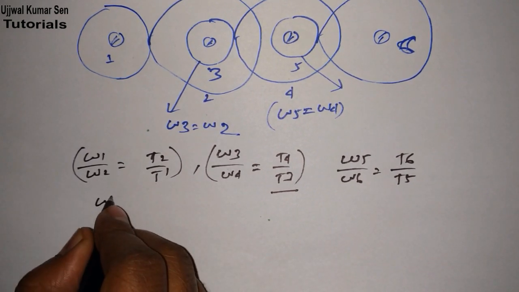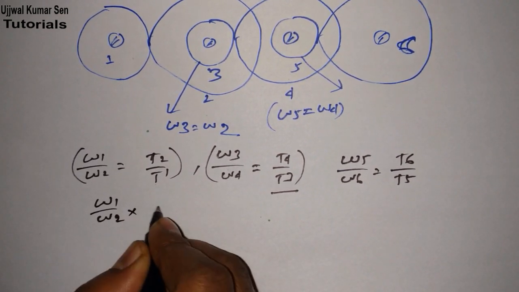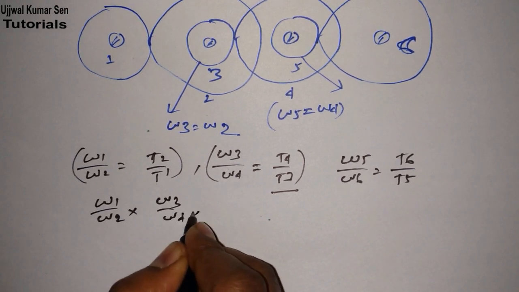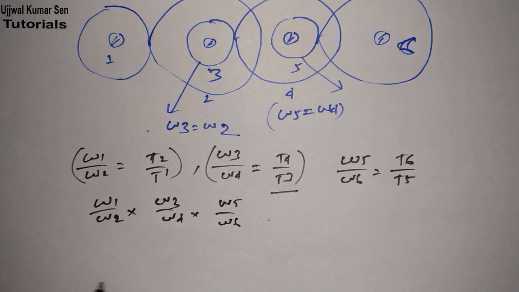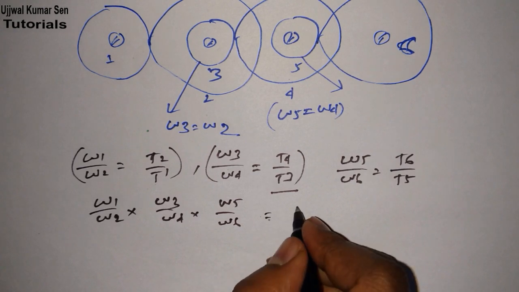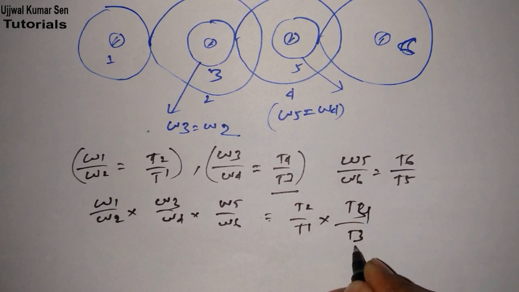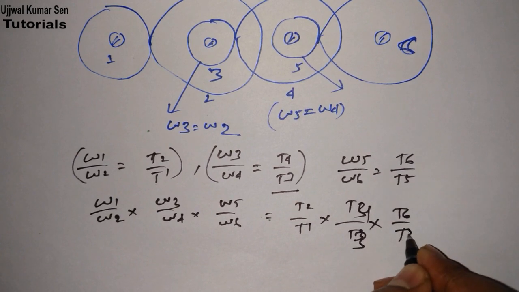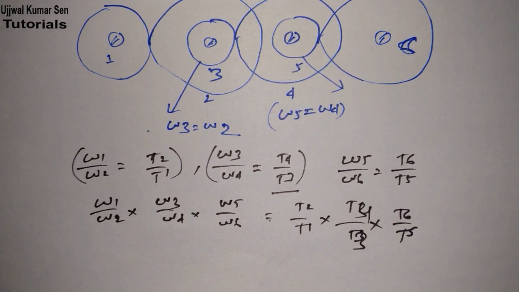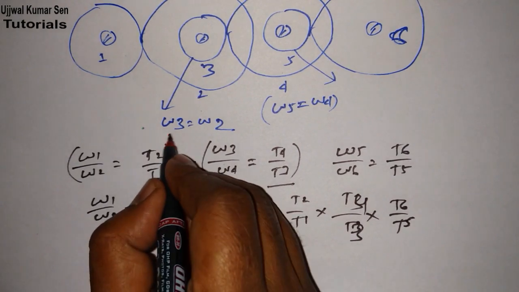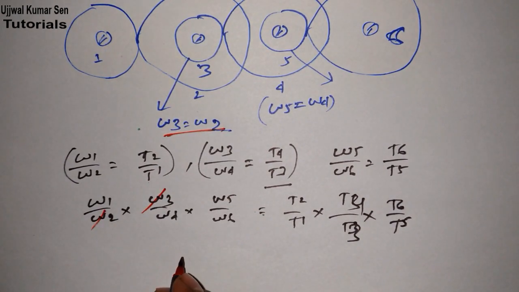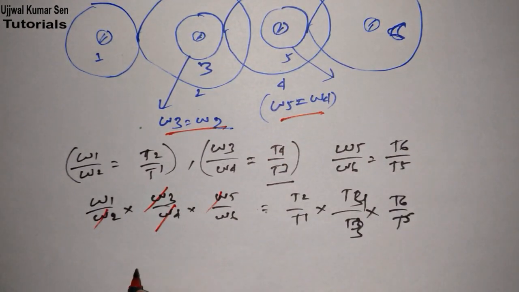Now after multiplying, what exactly are we getting? Omega 1 by omega 2, omega 3 by omega 4, omega 5 by omega 6 is equal to T2 by T1 multiplied by T4 by T3 multiplied by T6 by T5. Now see, this one gets cancelled, this one gets cancelled.